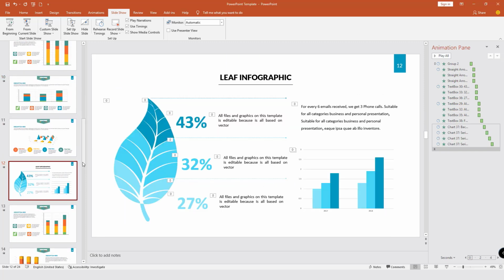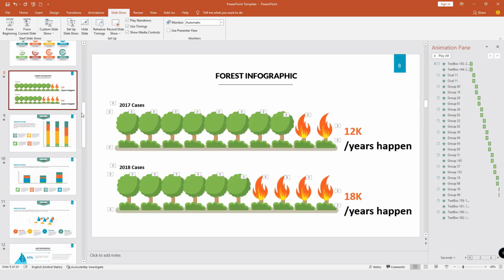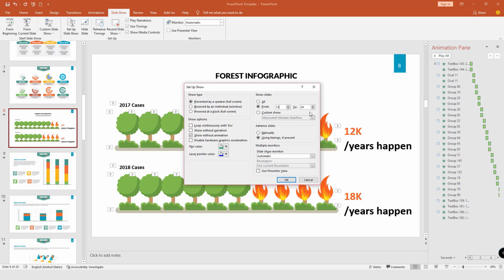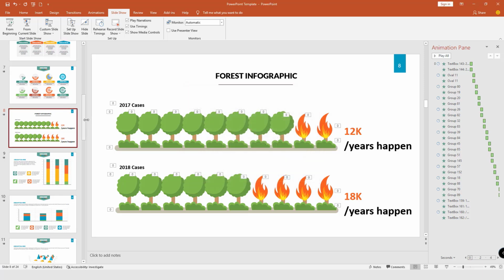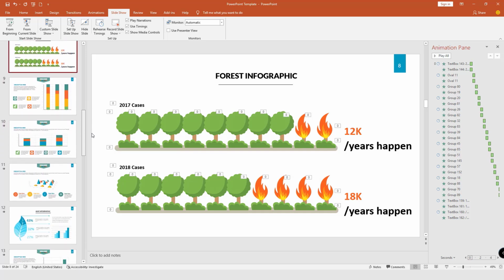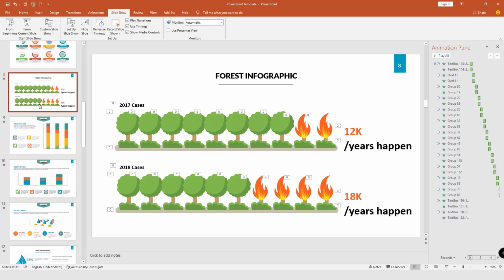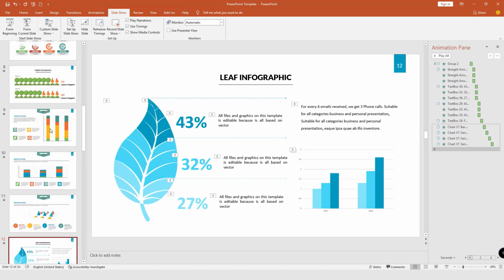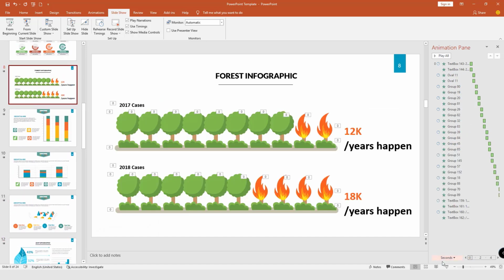For example, I go to slide number 8, and from Setup Slideshow, in the From option, I select slides 12 to 24 for displaying. Slides 1 to 11 are not in this bound. Slide number 8 is not in this bound. When I click OK and click on the slideshow, slide number 8 won't be shown for me in spite of the fact that this slide is active now.